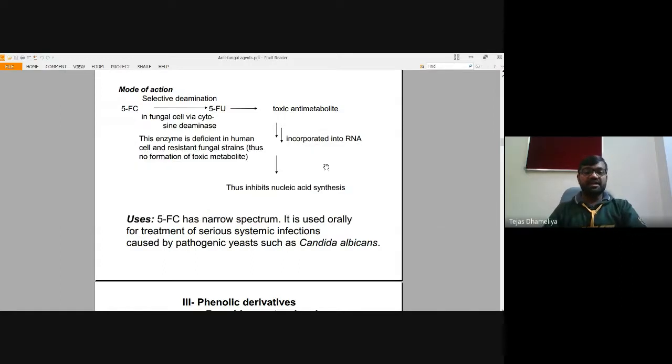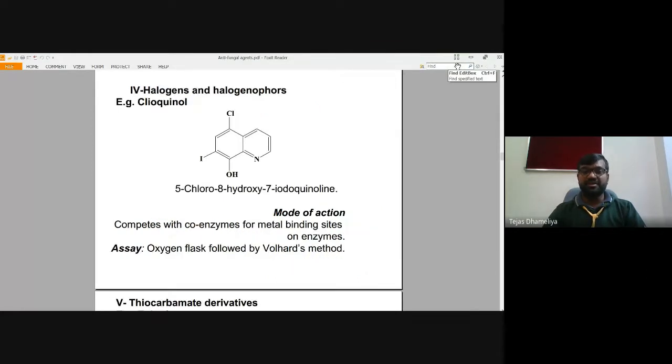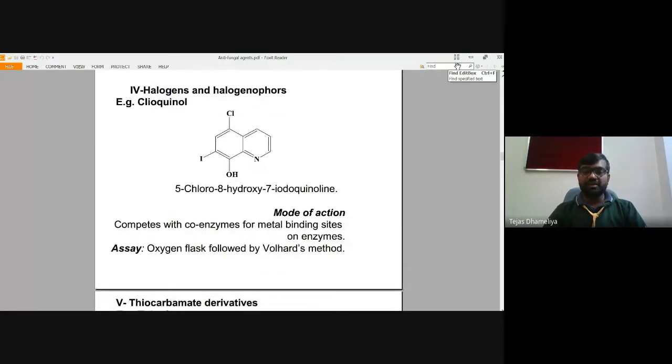Then we also studied phenolic derivatives. These phenolic derivatives also possess antifungal activity, depending upon the denaturation of protein by the phenolic compound. Parachlorometaxylenol and chlorophenol.